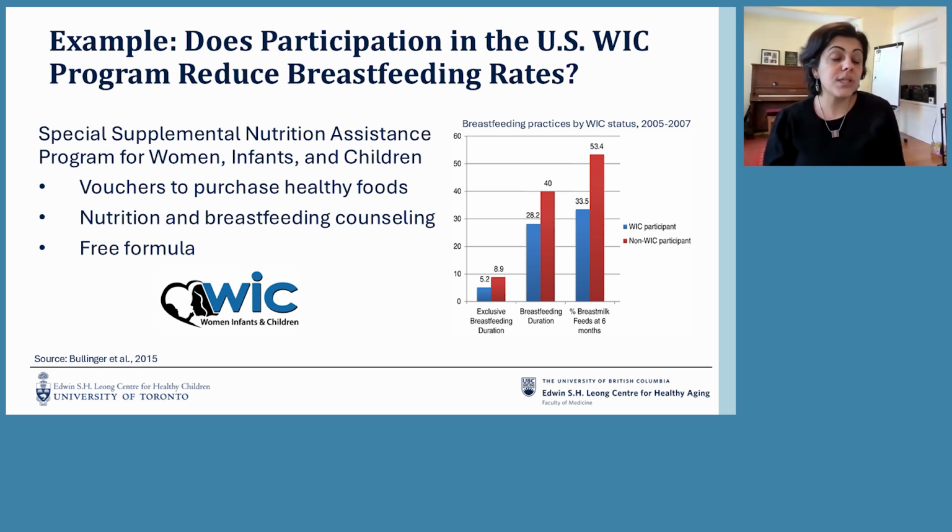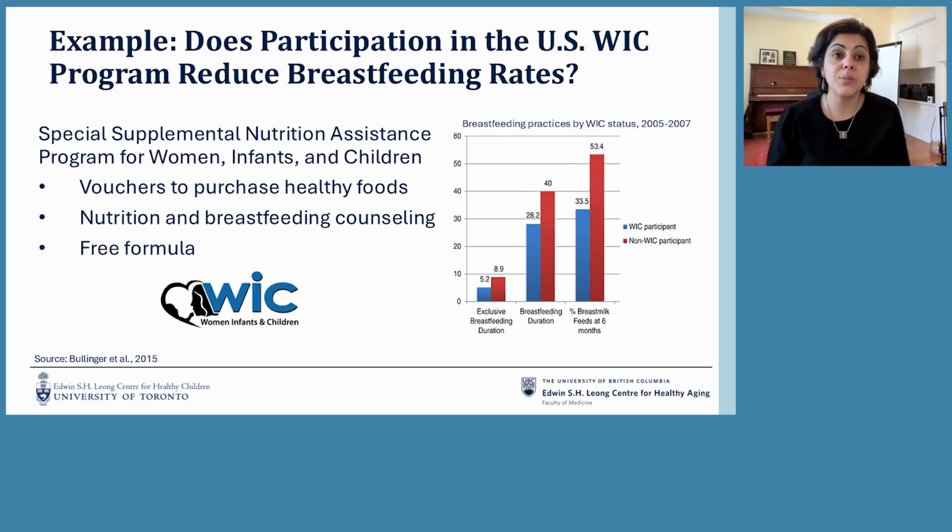Here are the findings from one study that compared breastfeeding practices by WIC participation status. So for every measure of breastfeeding, it found that WIC participants engage in breastfeeding less so than non-participants. So can we conclude from this that WIC itself does reduce breastfeeding? Even if you don't have a deep knowledge of the WIC program, I just told you that it serves an economically disadvantaged population.